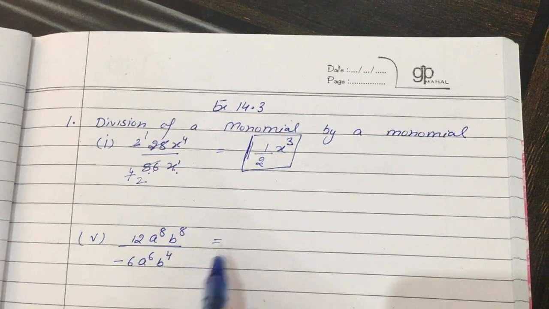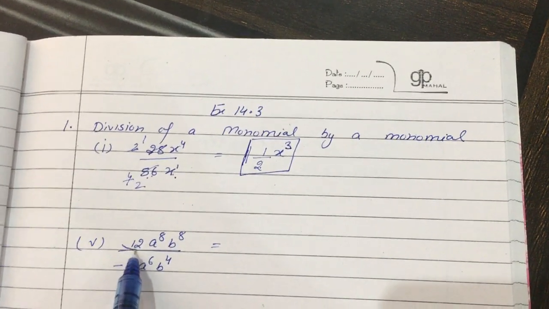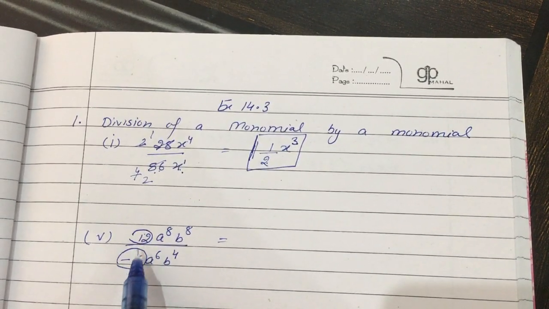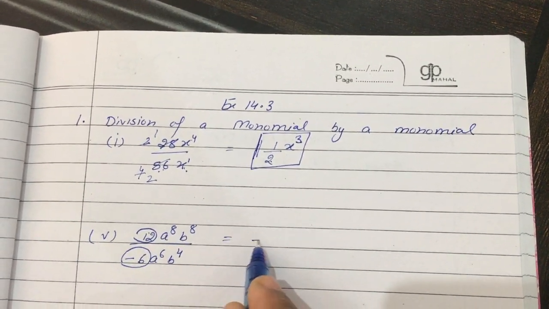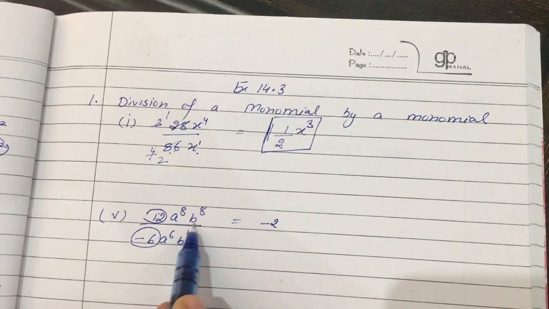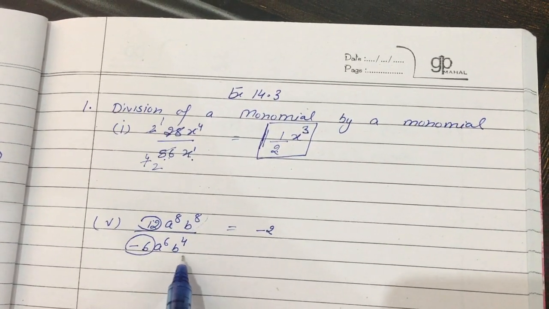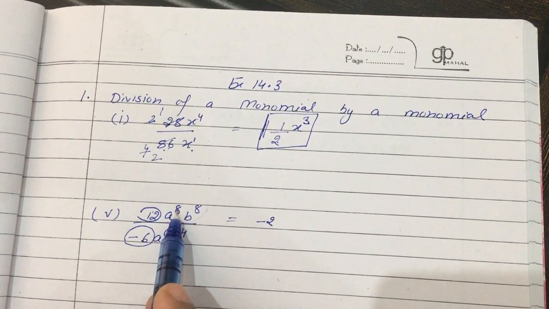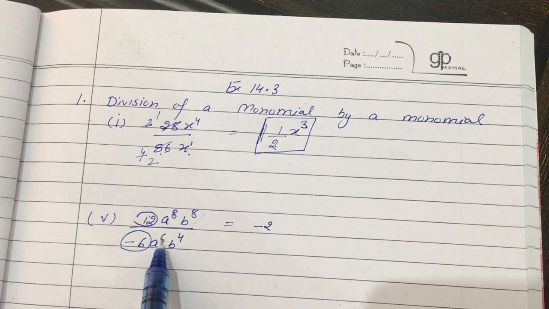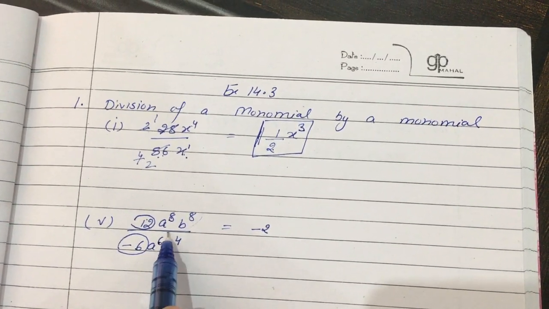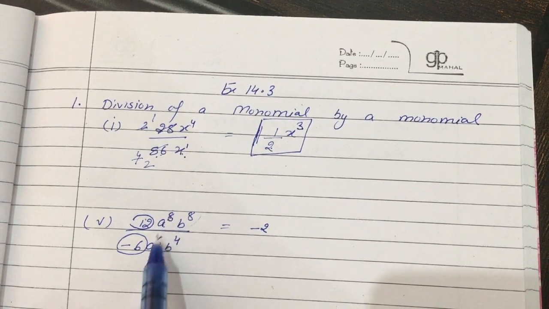As another example, you are observing here the coefficient is 12 and here the coefficient is minus 6. 12 divided by minus 6 gives you minus 2. Now we will divide the variable part. Here this is a monomial and this is also a monomial. Here we have the same base, a raised to power 8 and a raised to power 6, both in the form of division, so exponents will be subtracted.